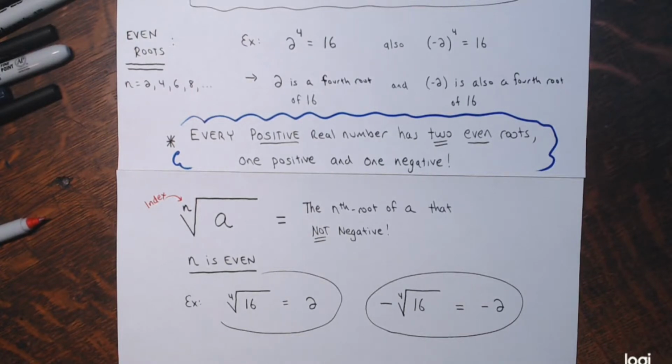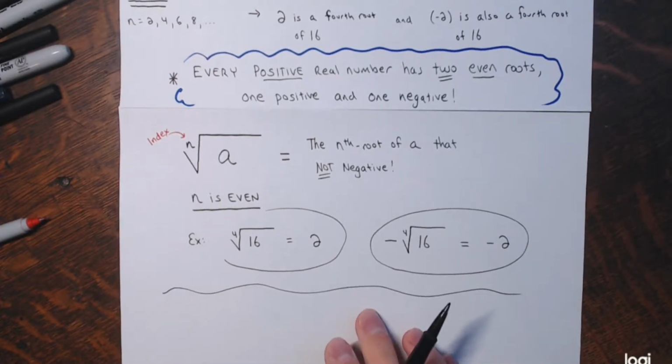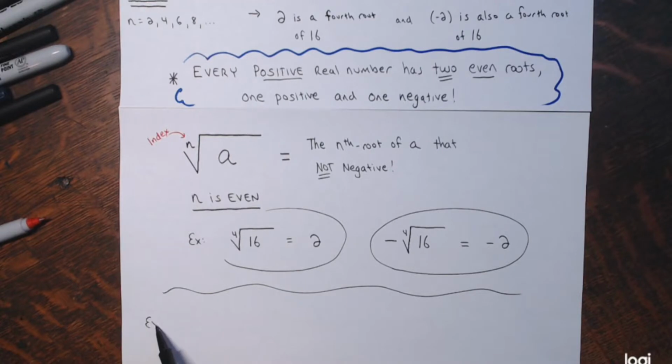And then just like square roots earlier, let's talk about negative radicands. Well, I know the fourth root of 16. What about the fourth root of negative 16? Right now, the negative is inside.